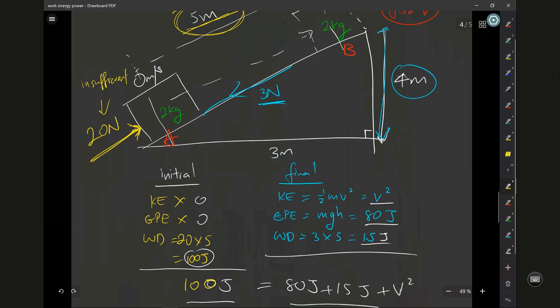The only way that we can find v is if this is 20 newtons or slightly below 20 newton. Then we can start to find v. In fact this has to be like I think 18.5. But yeah, 20 Newton works. So in the previous question, when it was 10 Newton, the force was insufficient.